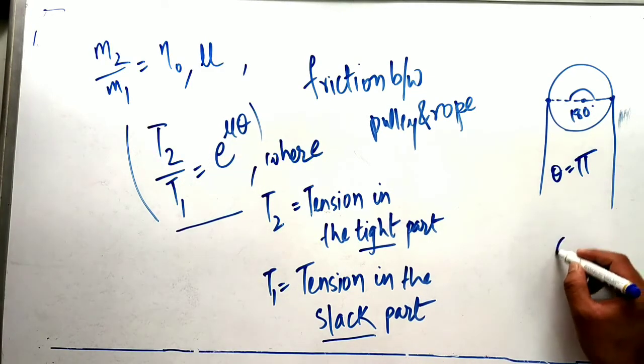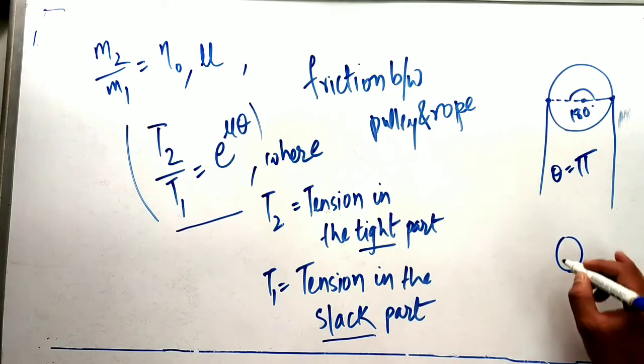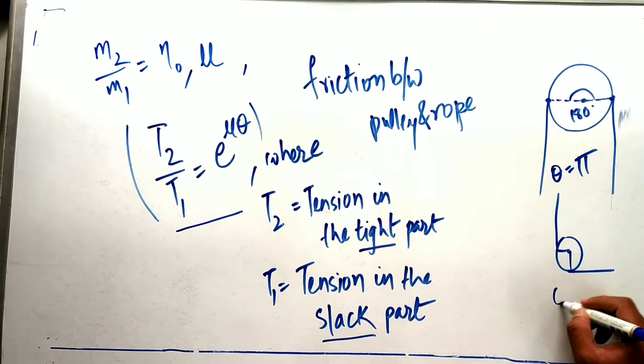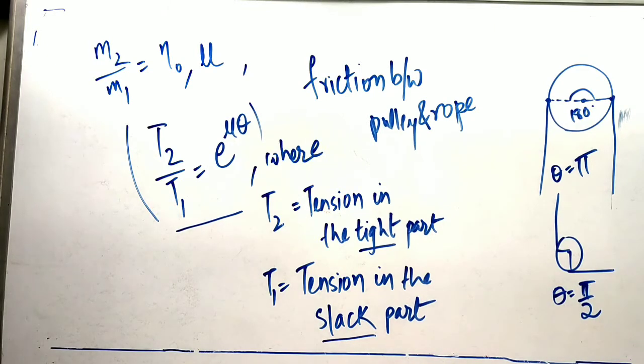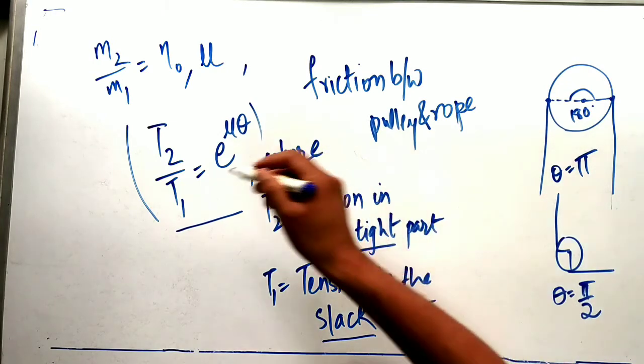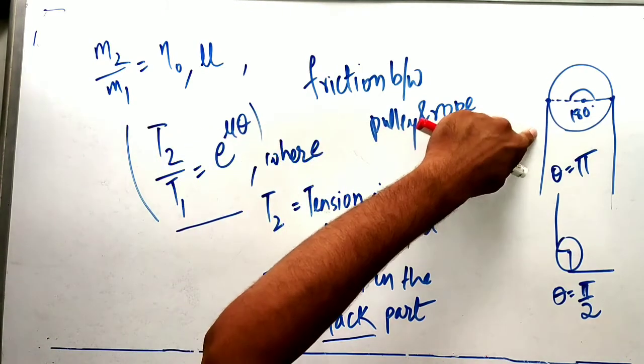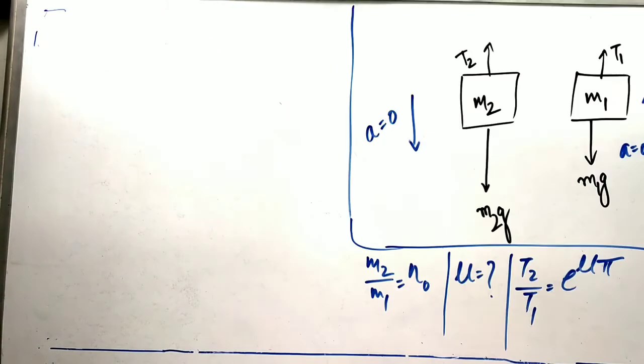If the rope had covered this much, the theta in this case would be equal to pi by 2. So, this was the concept that is required in this case, and obviously mu is the coefficient of friction between the rope and the pulley.